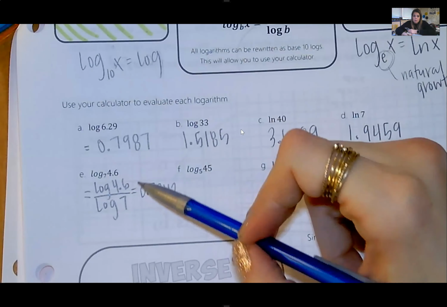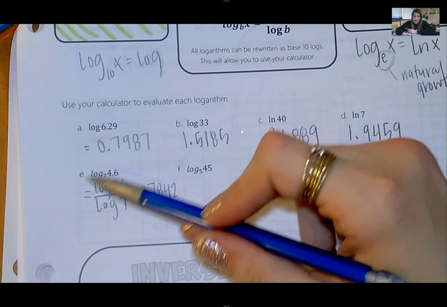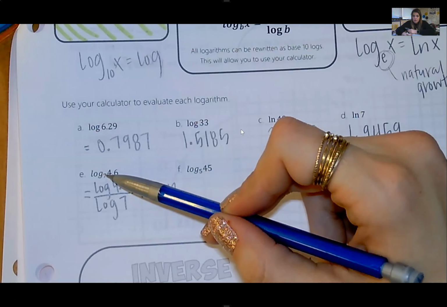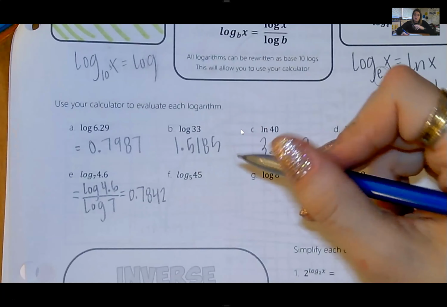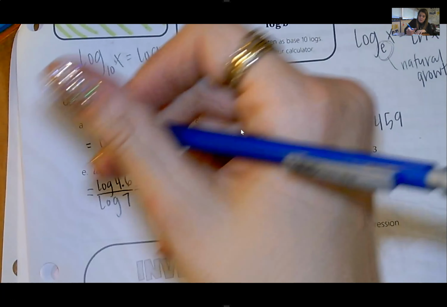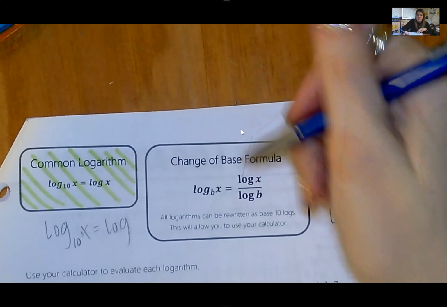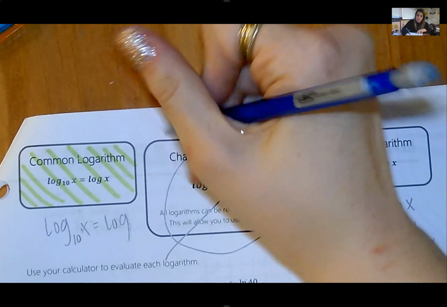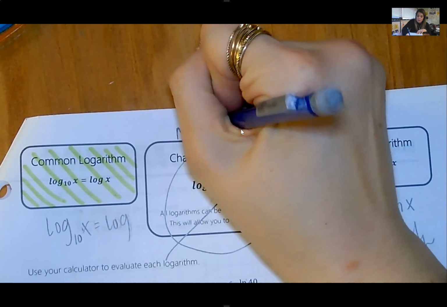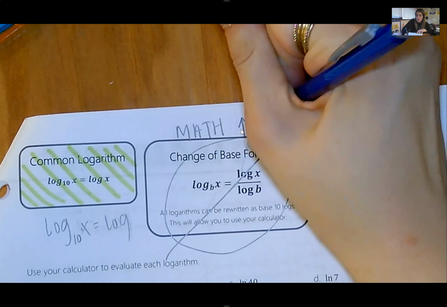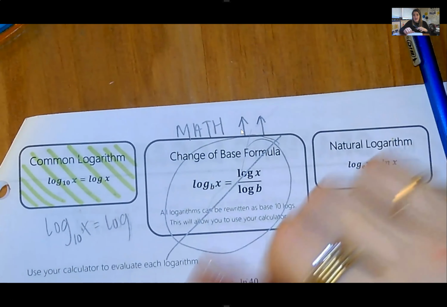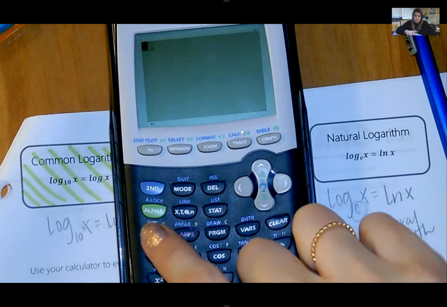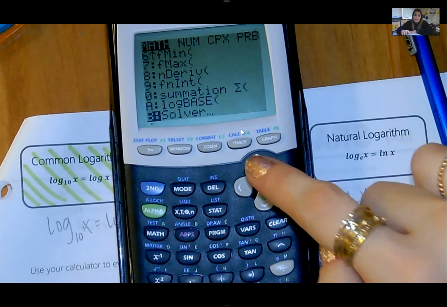I don't really want to have to make fractions out of all of these ones that have a different base than 10. So there is a shortcut in your calculator. Instead of using the change of base formula, you can hit Math and then the arrow up twice.